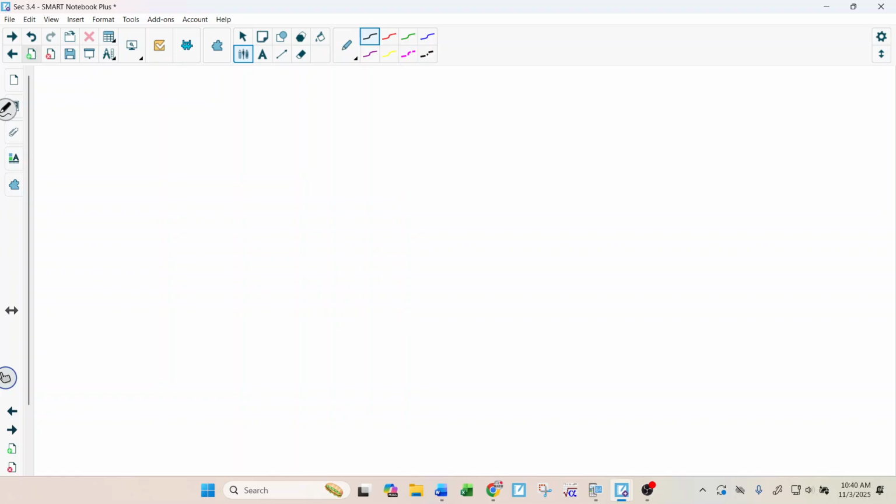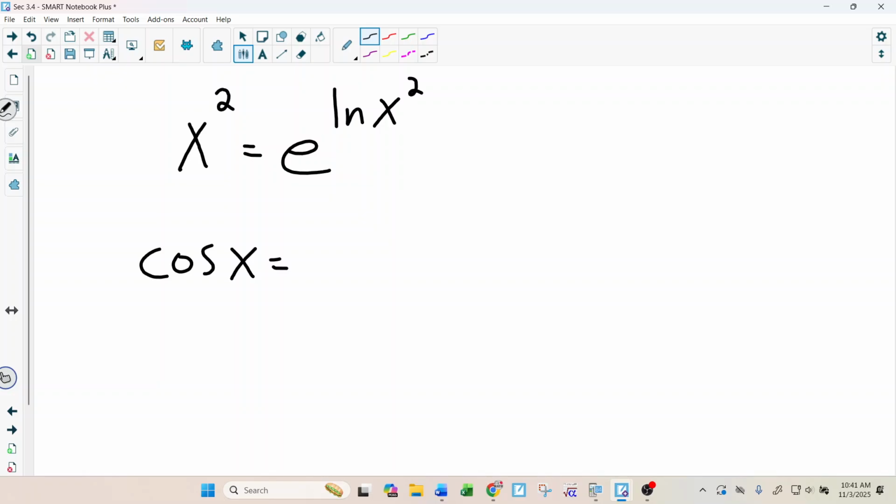So if I have x squared, and I say we need to E it, that means we can write it as e to the natural log of x squared. If you have cosine, and I say we need to E it, that would be e to the natural log of cosine. Now, that looks like it's making it much harder, but it actually helps us in a second when we look at E-ing it to try to solve.